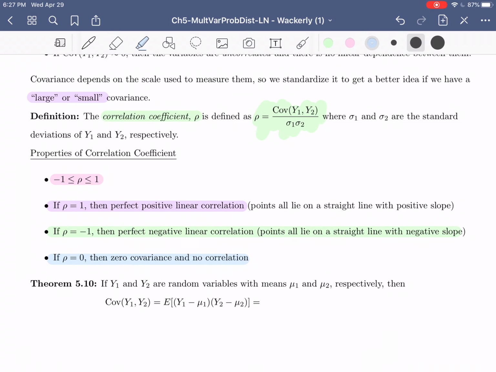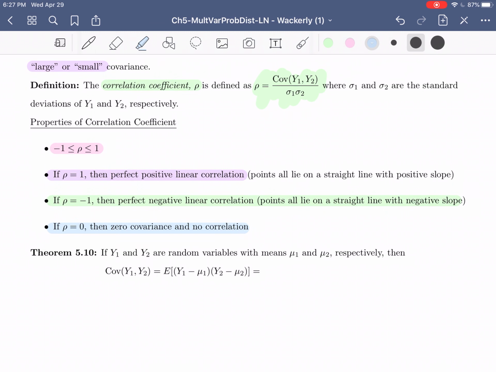All right. So what else can we say? If y1 and y2 are random variables with means mu1 and mu2 respectively, then the covariance is the expected value of y1 minus mu1 times y2 minus mu2. And that expected value we can simplify. How can we simplify that?